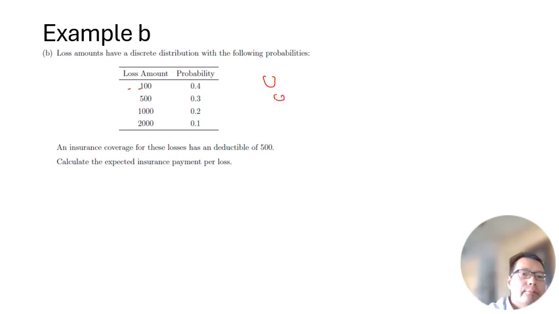For the third one, the loss is 1,000, so the payment from the insurance company will be 500. And for the last one, loss is 2,000, so the payment will be 1,500.